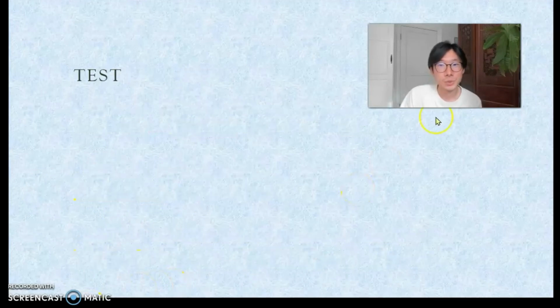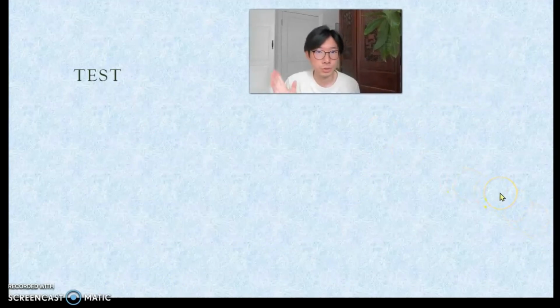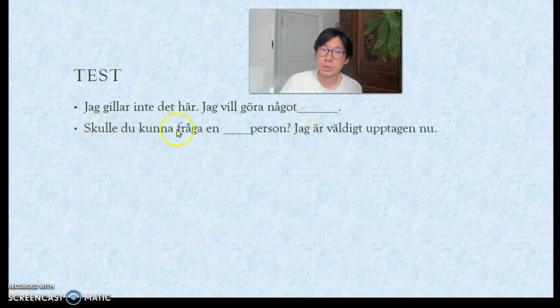Okej. Nu ska vi göra en test och vi får se om du har förstått allting för den här lektionen. Hur ska du välja? Första meningen. Jag gillar inte det här. Jag vill göra något. Nästa. Skulle du kunna fråga en person?